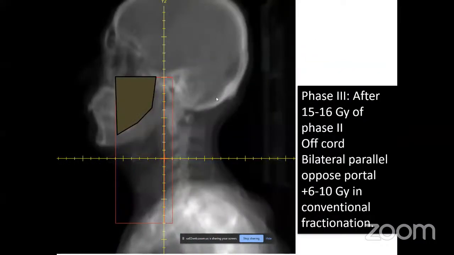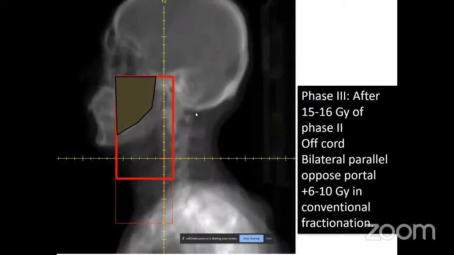Sometimes we consider a phase 3 treatment when there is not much nodal involvement. We can reduce the lower border upwards to reduce the dose to level 4, and to reduce the low dose to the larynx in case of oropharyngeal tumor. Off cord is done after 46, and this phase 3 is done usually after 60 gray or so.